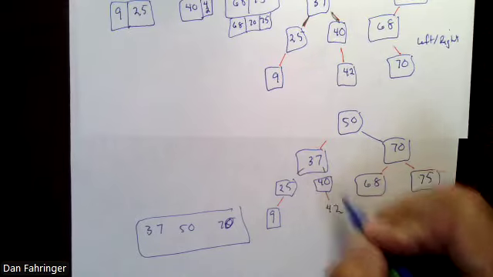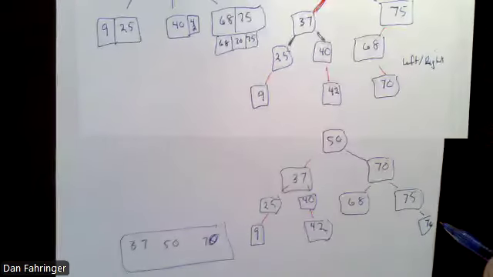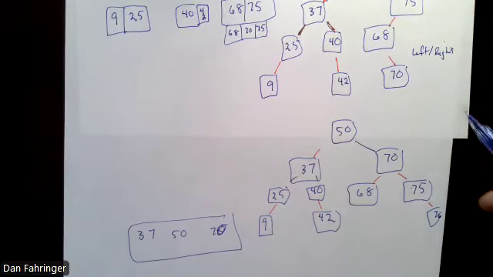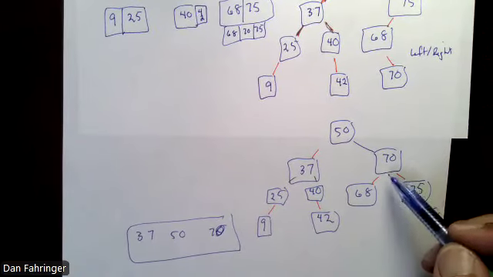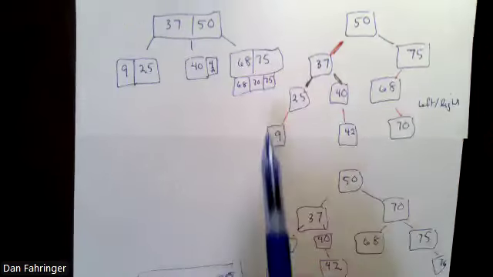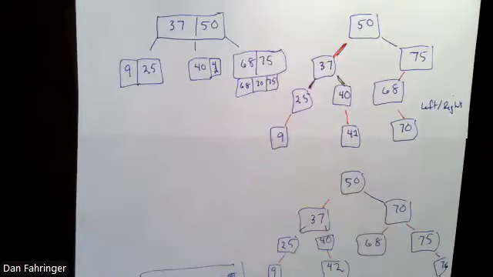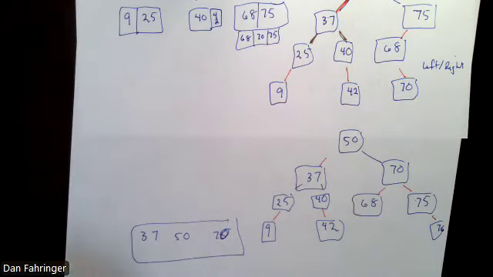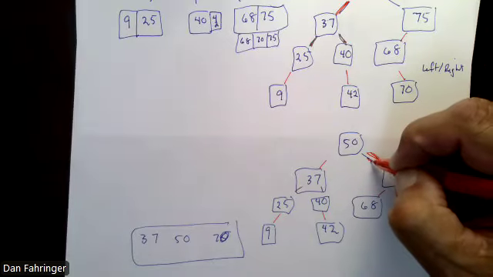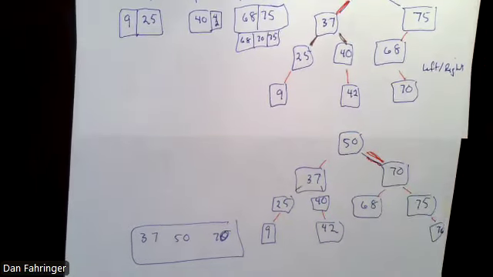I'm getting pretty sloppy now. I added this 76. I have two reds in a row. That's going to now make it blow up. This now became a red. Blowing up.